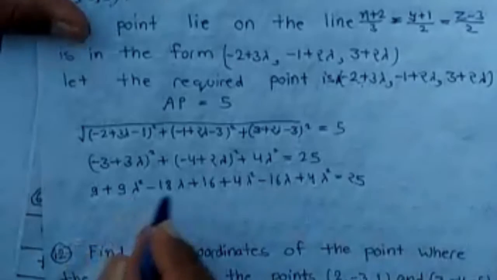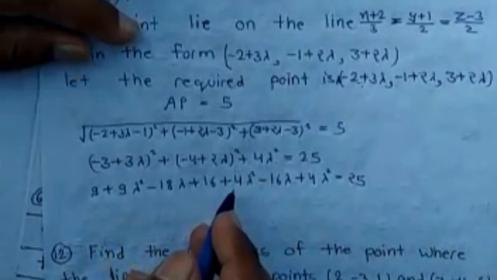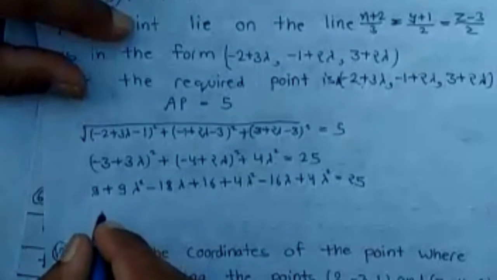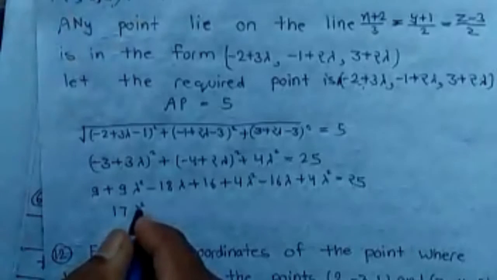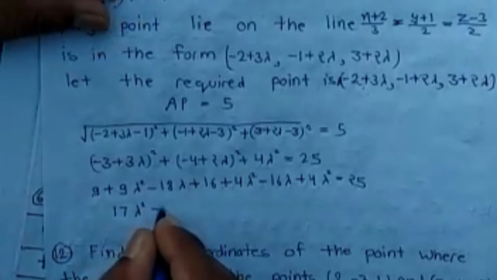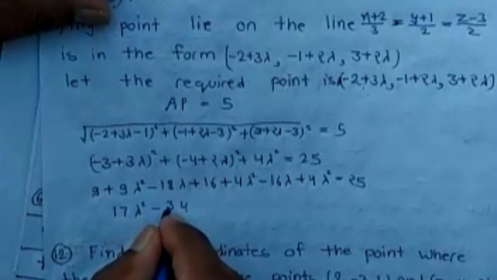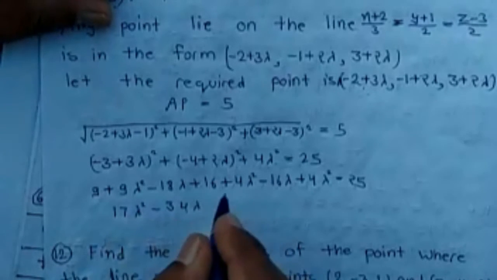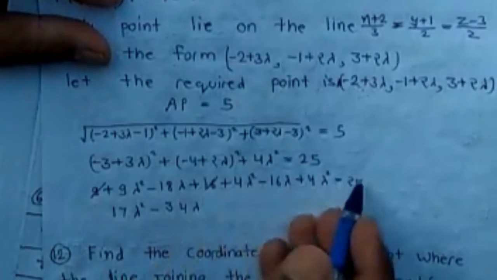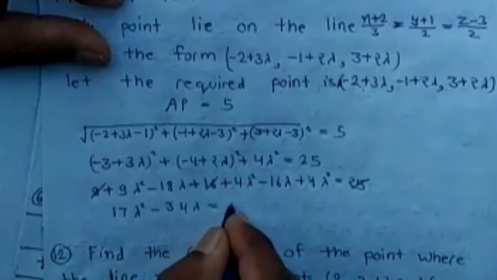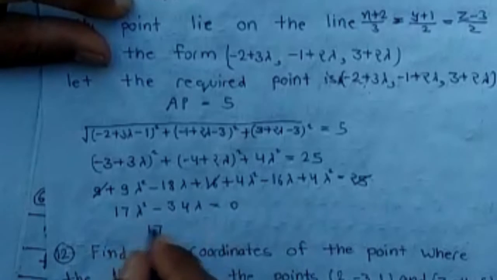Now 9 lambda square, 4 lambda square and 4 lambda square make 17 lambda square, minus 34 lambda, and 16 plus 9, which is equal to 25, is cancelled. Then we get 17 lambda square.